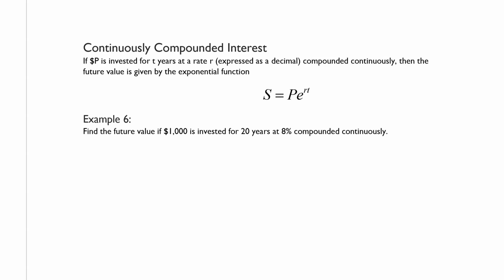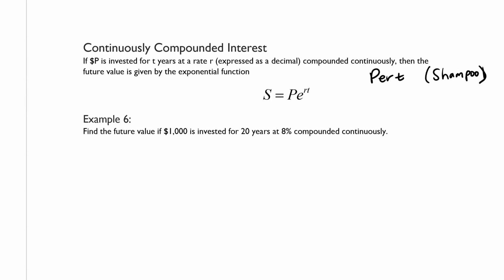Now, PERT. This might sound familiar to you. If it does not, then maybe get out from under your rock a little bit more. Just kidding. So PERT in the outside world is a brand of shampoo. And so if you're ever trying to remember compound interest versus continuously compounded interest, I like to think of it this way.